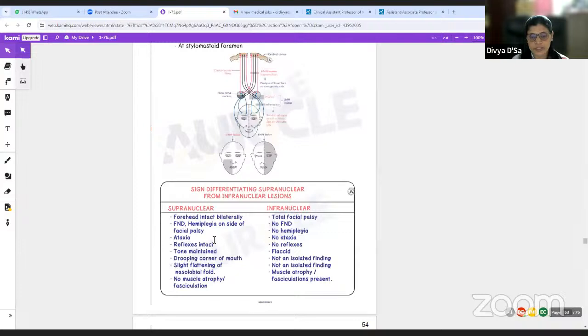Then reflexes are intact here, here there are no reflexes. Tone is maintained here, tone is flaccid there. Drooping of the corner of the mouth may not be an associated feature there. Slight flattening of the nasolabial fold can occur, but here it is not an isolated finding. No muscle atrophy is there; here muscle atrophy or fasciculations may be present.